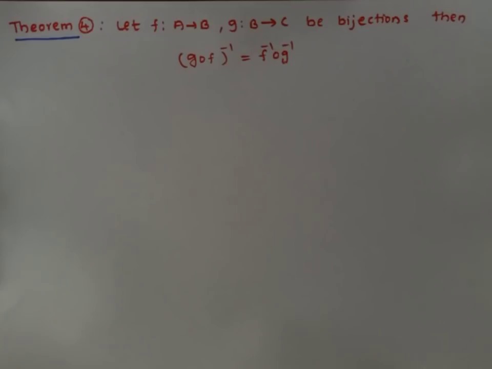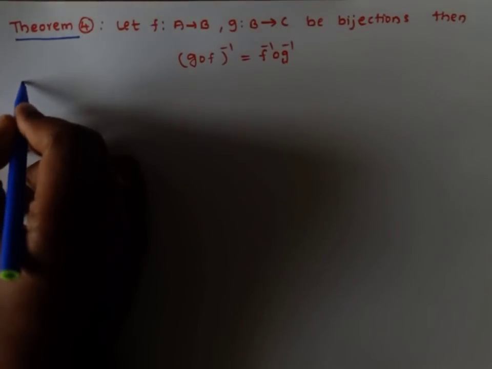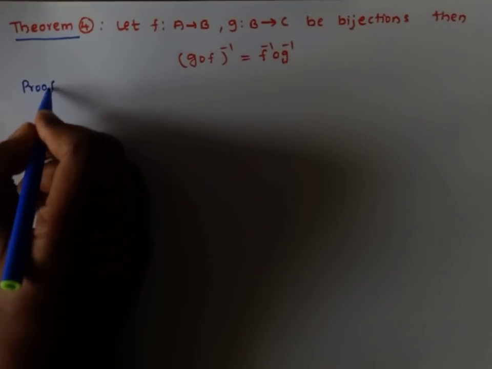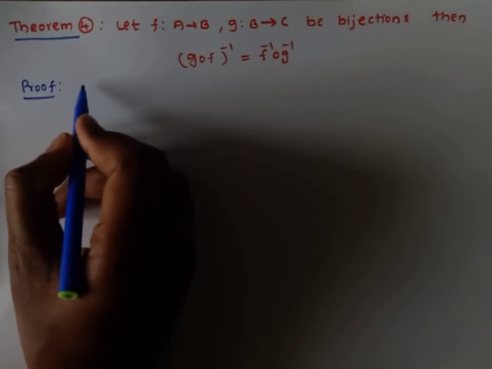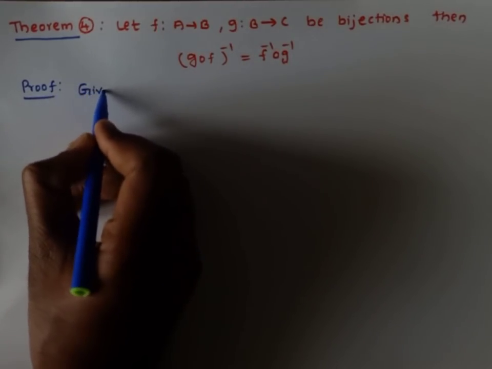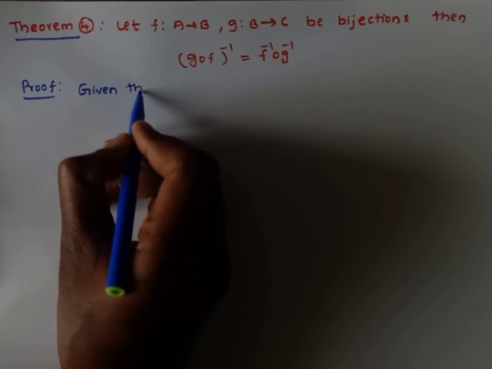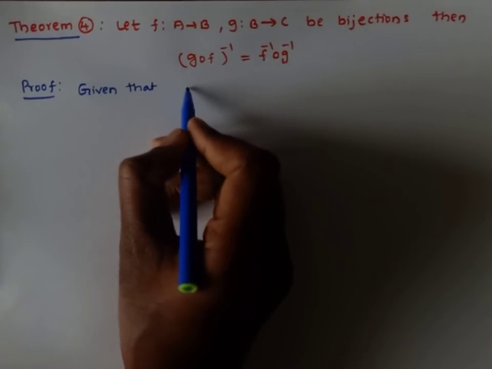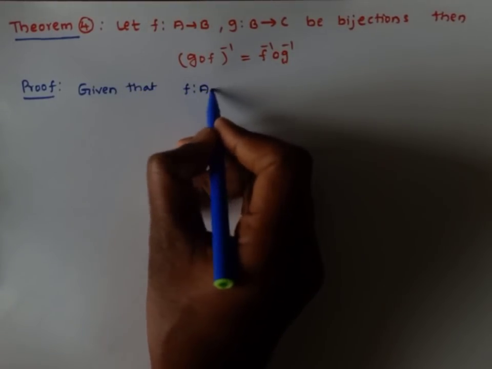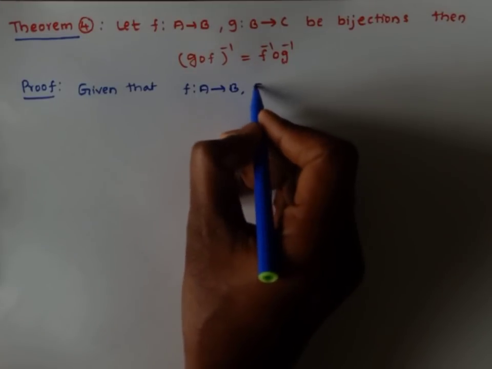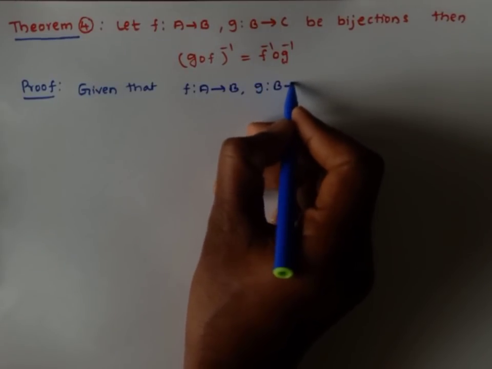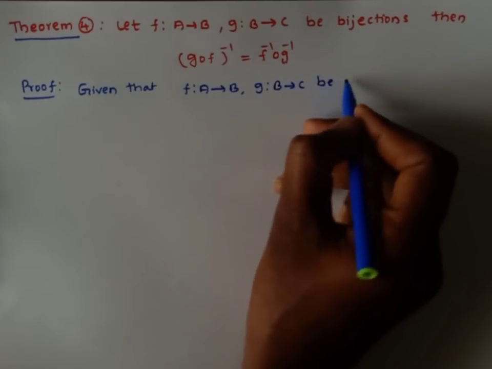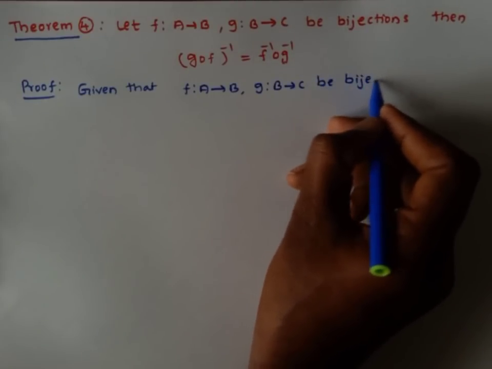Now for that, write down the given data. What is given? Given that both F and G are bijections. Here F from A to B and G from B to C are bijections.